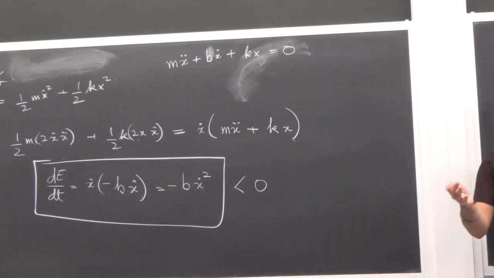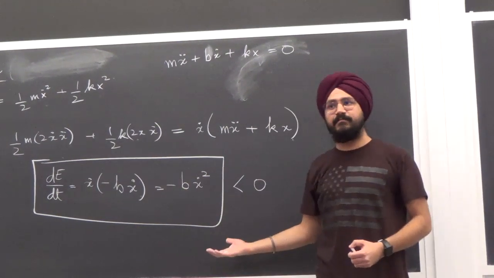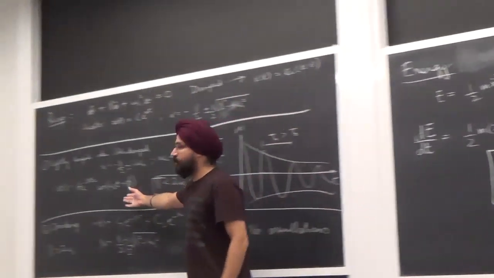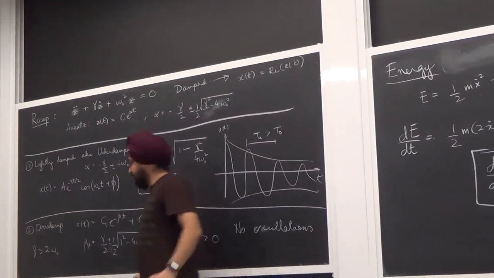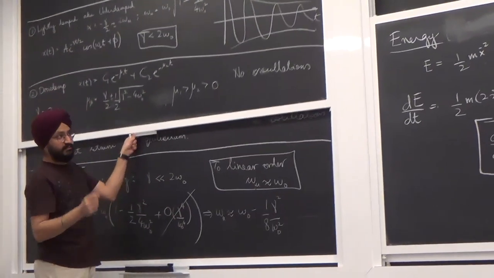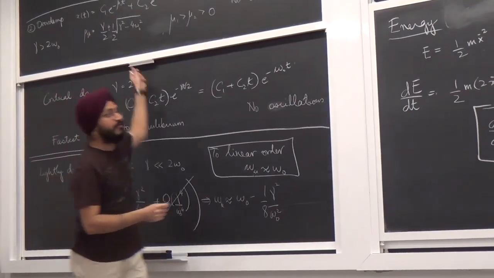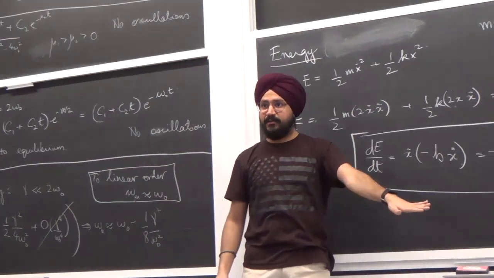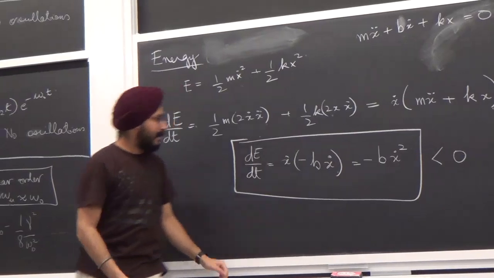And that should make sense. If there is damping in the system, the energy must decrease with time. I did not use any particular solution, underdamped, overdamped, nothing. I just used the equations of motion and my definition of the energy, and see that the energy will always go down with time.